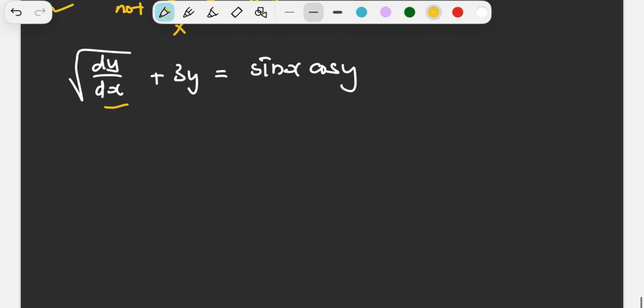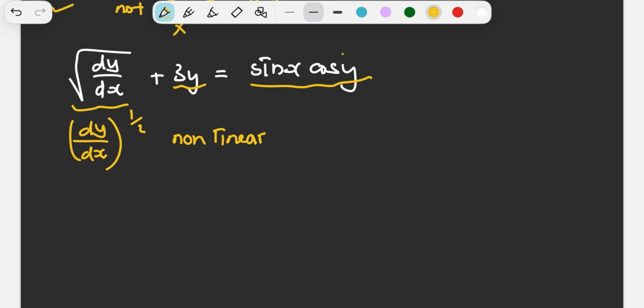If you look at this, this is basically dy/dx to the power of 1/2. So the power of dy/dx is actually not 1. So this is non-linear because of that fact. We'll look at 3y, that's good. Nothing wrong there. The coefficient of cos y is actually sine x, so that's good. So this is basically non-linear.